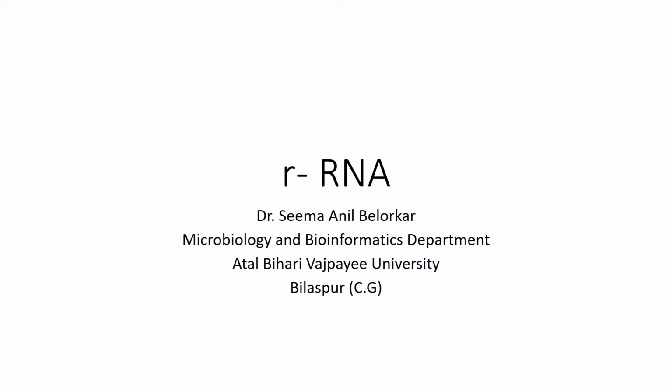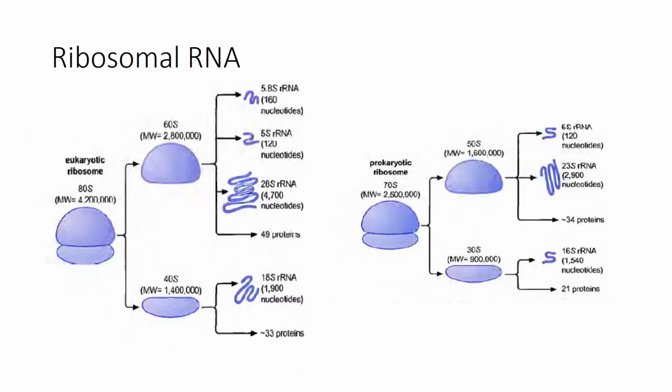Dear learners, this is the fourth lecture in the series on RNA, where we will try to understand the structure of ribosomal RNA, the third type of RNA. Ribosomal RNA basically does not function independently inside the cell, but inside ribosomes.